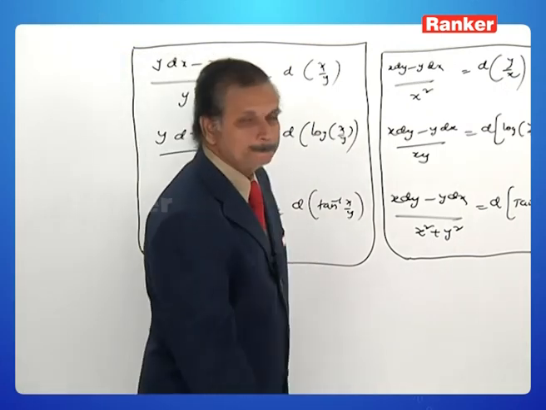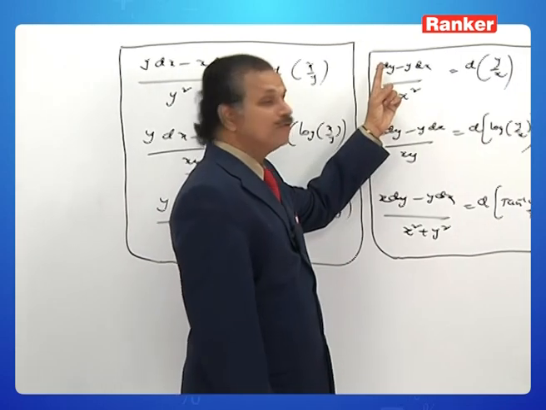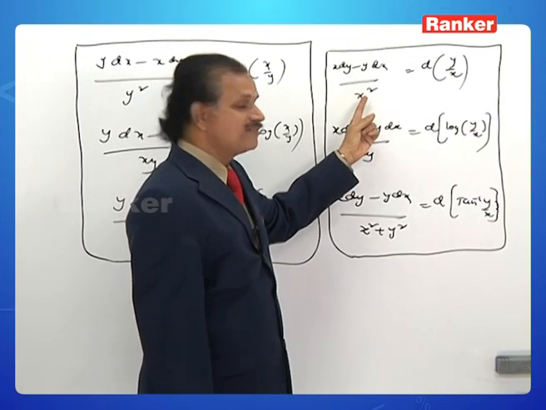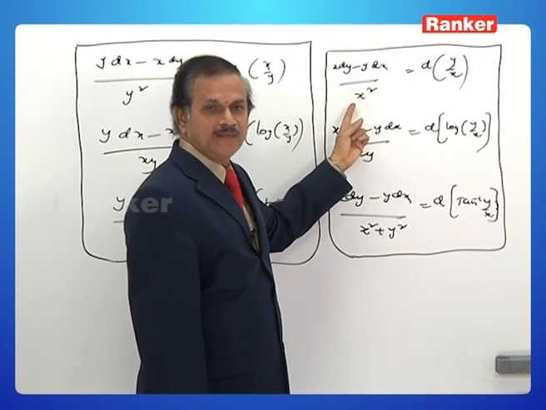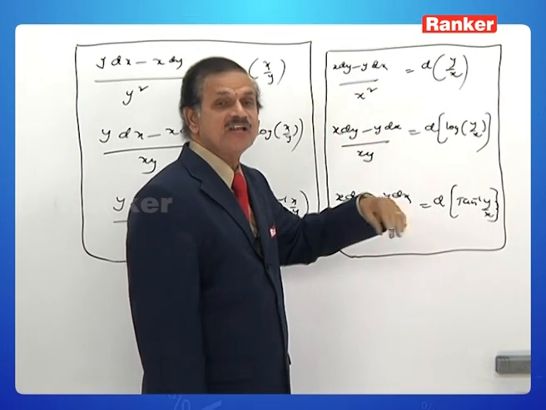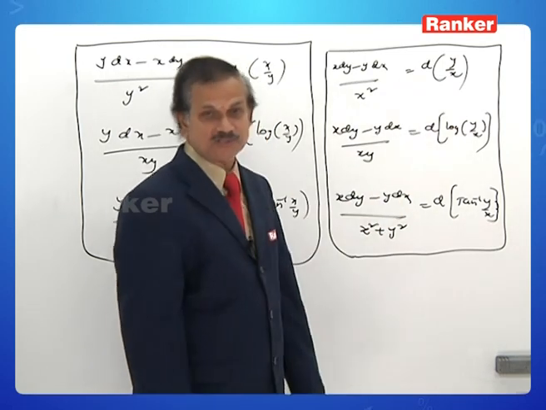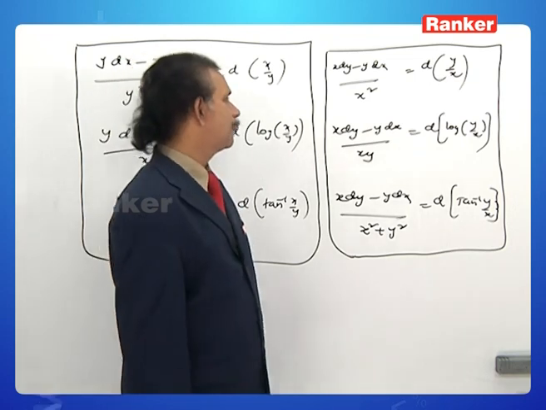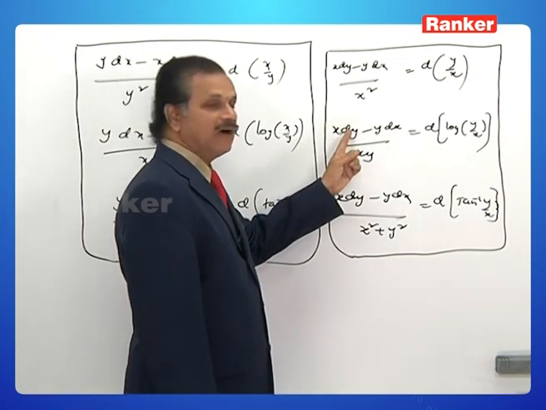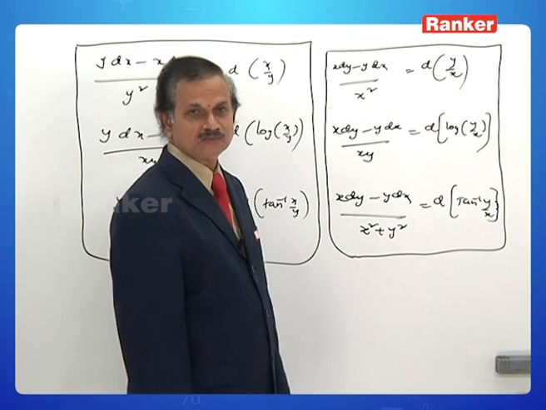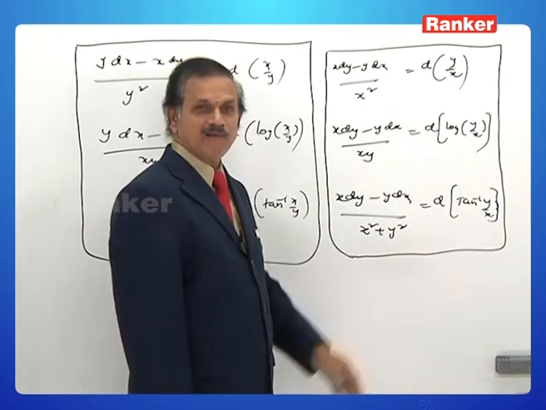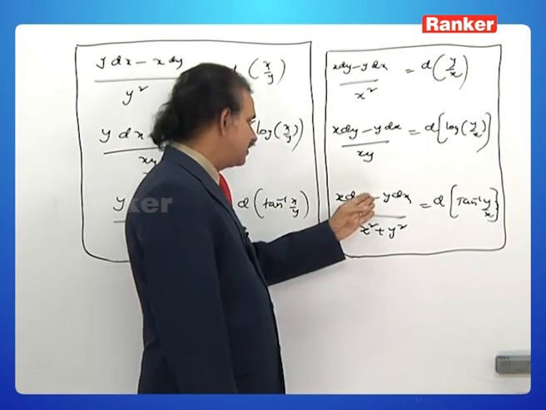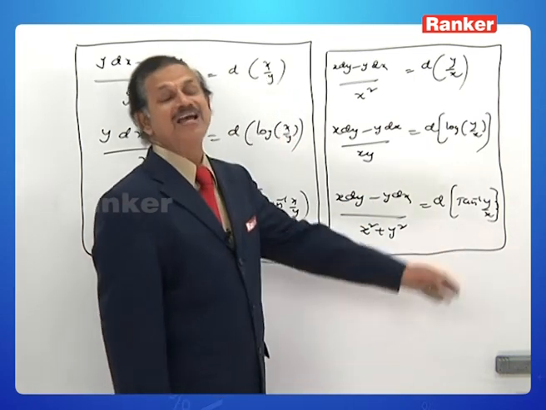Observe the same here. Numerator starts with dy, x dy, then automatically the denominator will be x square. Then it is the differential of y by x, isn't it? Starts with dy, log y by x. If it is xy, a logarithmic function is there. If it is x square plus y square and a minus sign in the numerator, it is a tan inverse function.